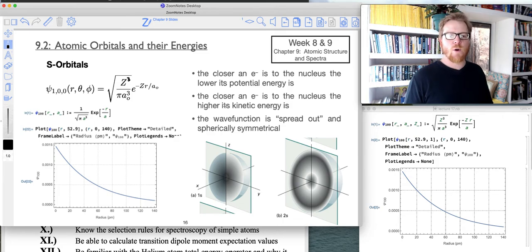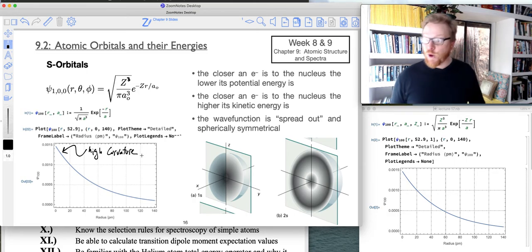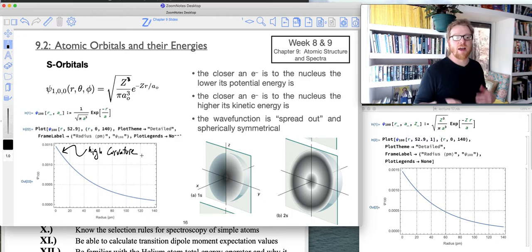So a few qualitative points of discussion. The closer an electron is to the nucleus, the lower is its potential energy. One reason for that is the high degree of curvature, if you recall from way back in chapter 7.